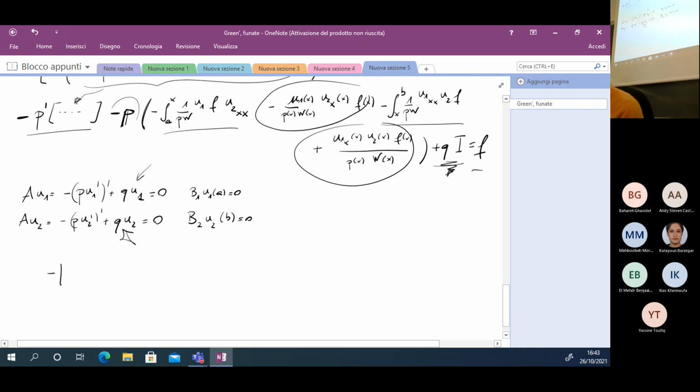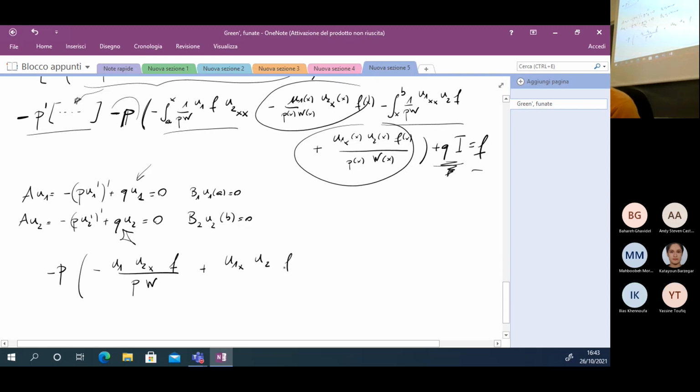So what survives is minus p that multiplies minus u1 u2'(x) f divided by pw plus u1'(x) u2 f divided by pw, equal to f.